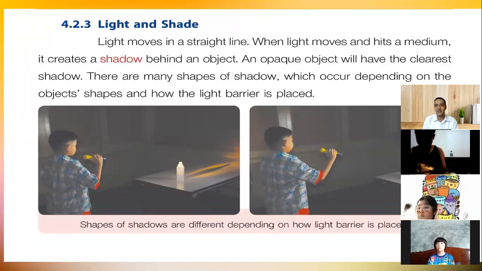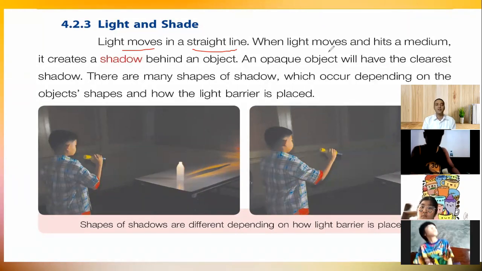That light moves in a straight line. So from the light source, when the light moves, it moves in a straight line. We already learned about that. Okay, so now when light moves and hits a medium, it creates a shadow. So a shadow behind an object.